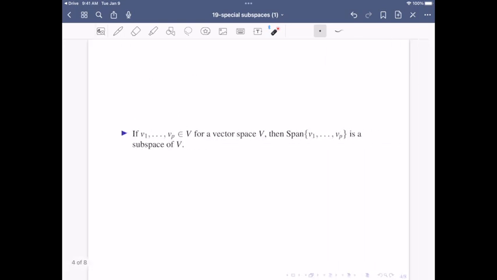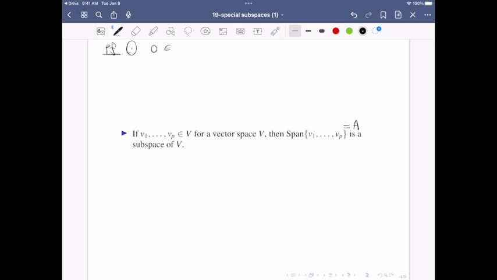Let's look at one example. A subset of V is given by the span of v1, v2, ..., vp. Is it a subspace? The answer is yes. To prove that, we need to check 3 conditions. First, is 0 in A?